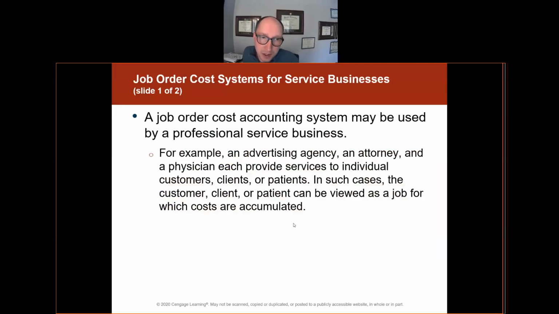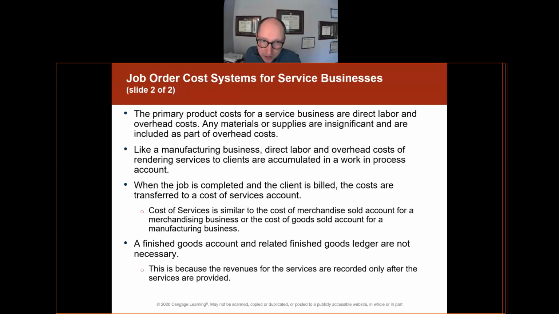Service businesses, as you know, are much different than manufacturing businesses. On a service business, you can still use the job order cost system. An example of that would be a dentist. The job order would be the patient, and each individual patient is a job order, and each patient accrues expenses.